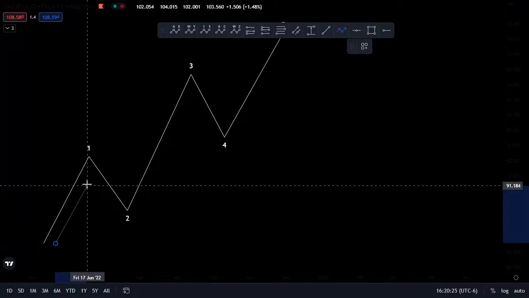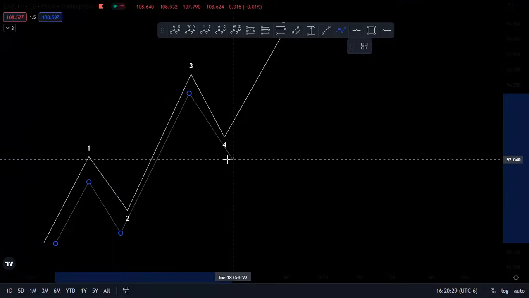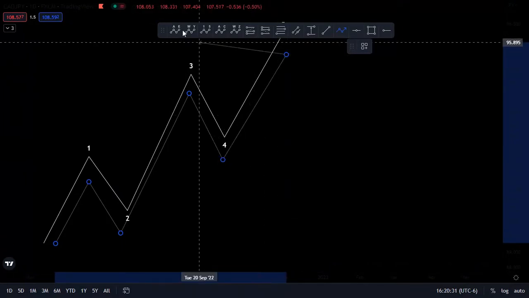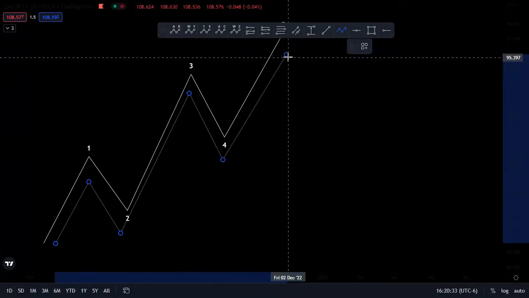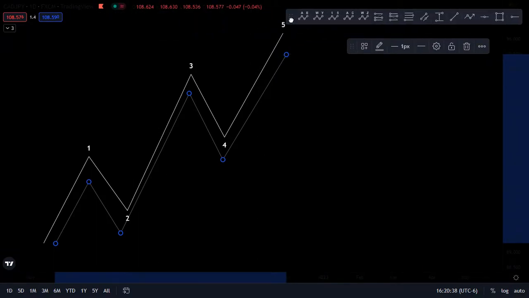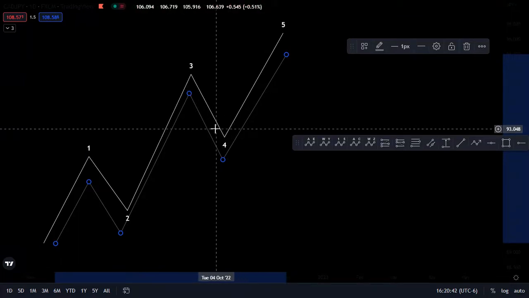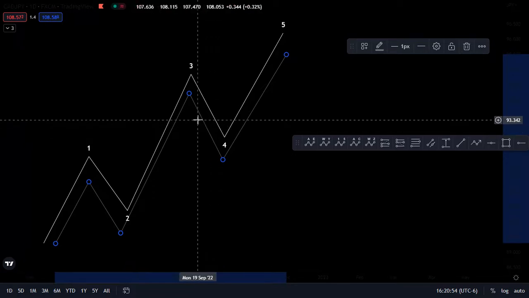Then we have 1, 2, 3, 4, 5. So as you can see, that's our motive mode or motive wave. So I repeat again, a motive mode is, in simple terms, a 5 wave structure.